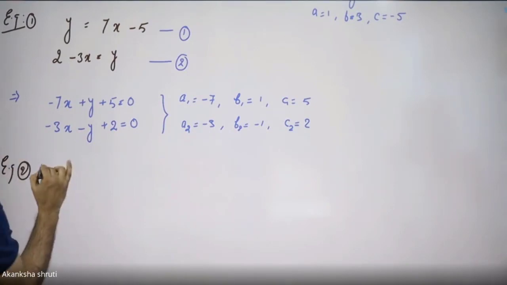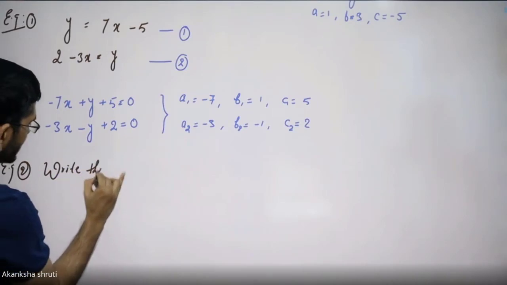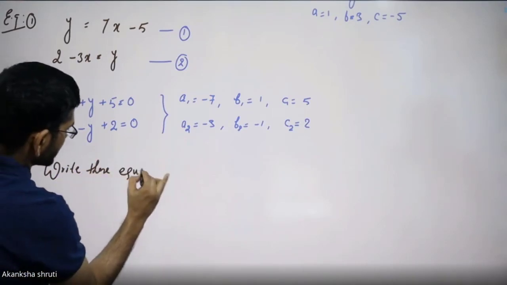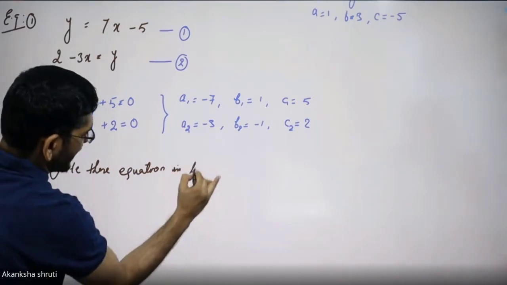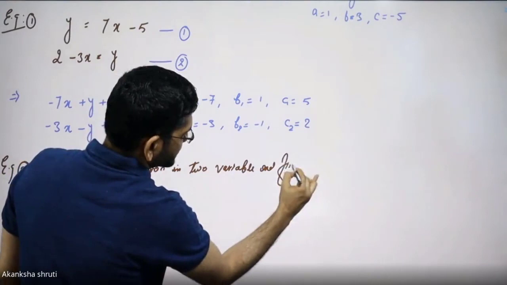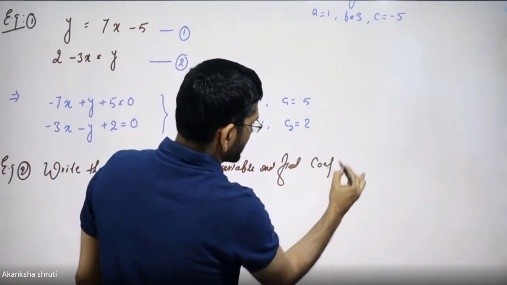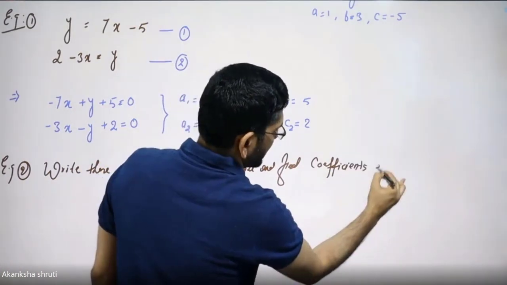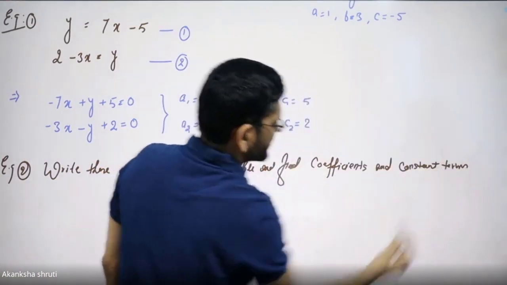A student, write down the question. Write these equations in two variables and find coefficients and constant terms.